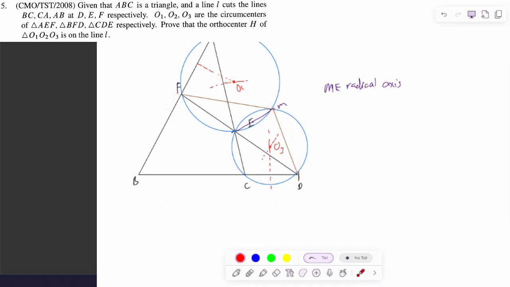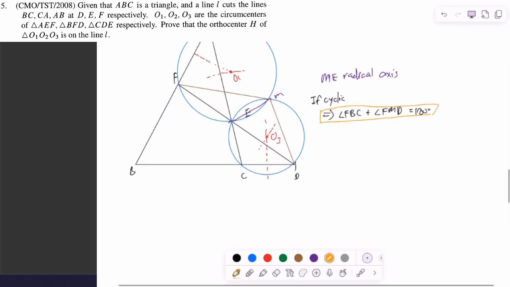So we find that it's cyclic first. It's gonna prove useful later. So if cyclic, then angle B, let's just say FBC, plus angle FMD equals 180 degrees because of opposite angles. Let's just store this in our head and try to prove this.